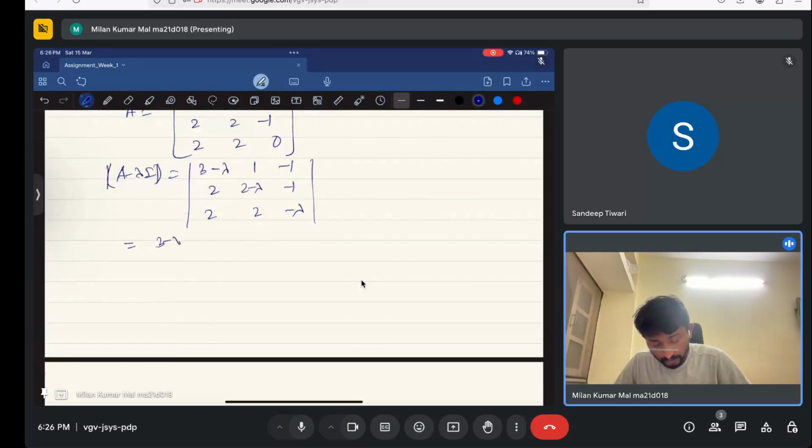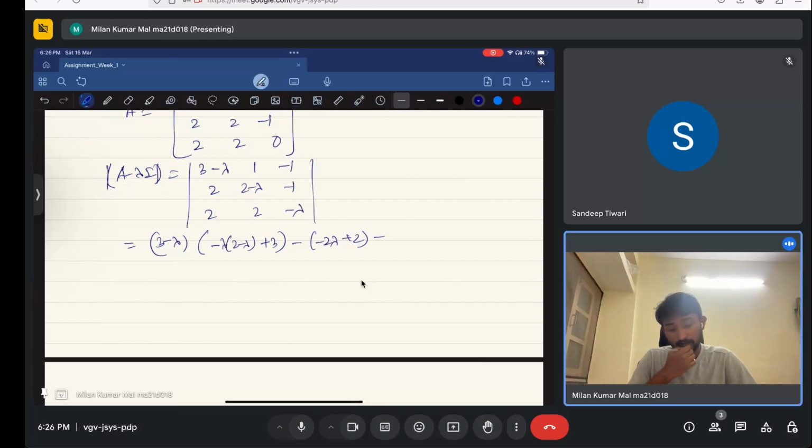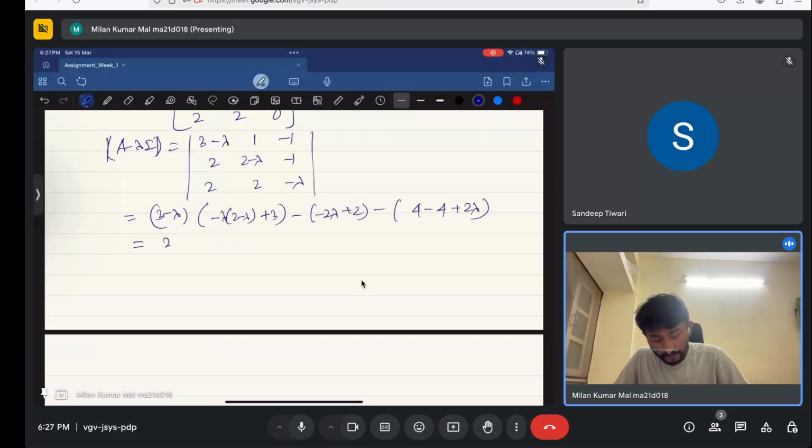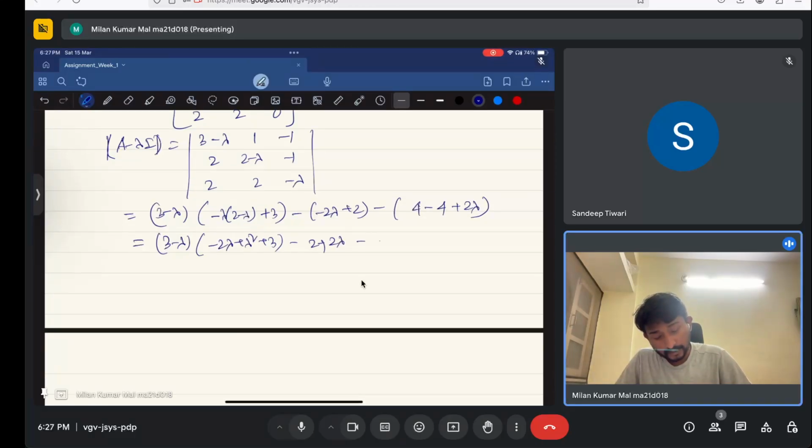This is equal to 3 minus lambda times minus lambda into 2 minus lambda, plus 2 lambda cancel out.